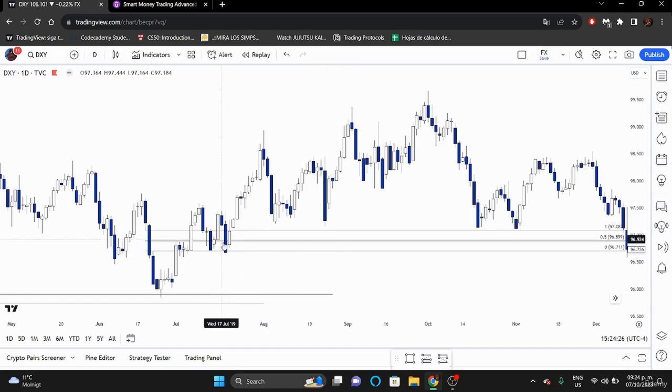I don't know what candles these are, they're kind of weird because I'm not quite sure how they opened, but it trades down again, then it opens here with a huge gap.